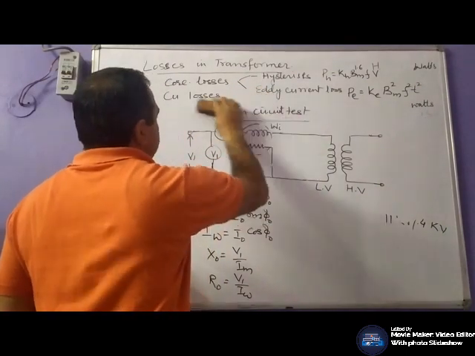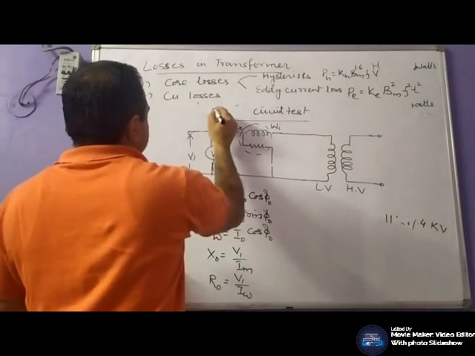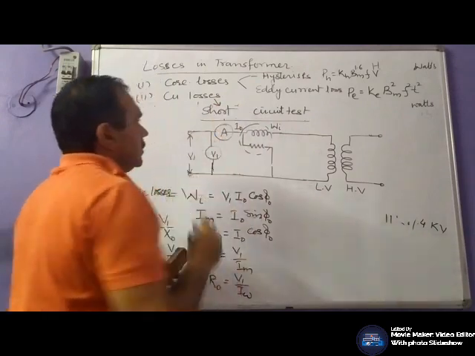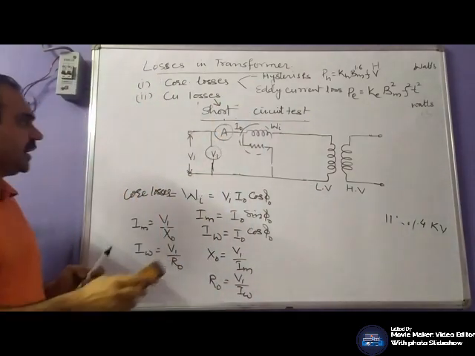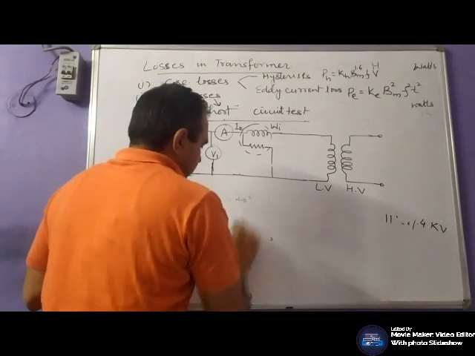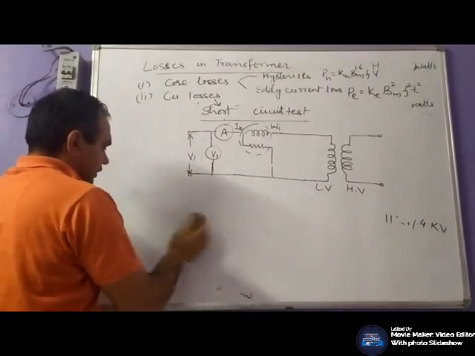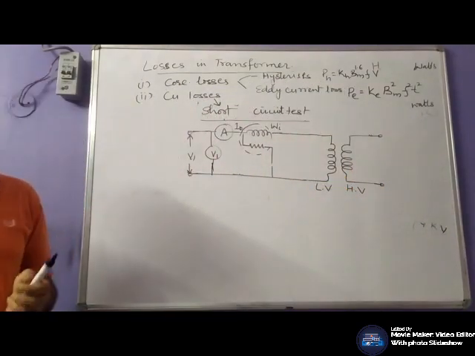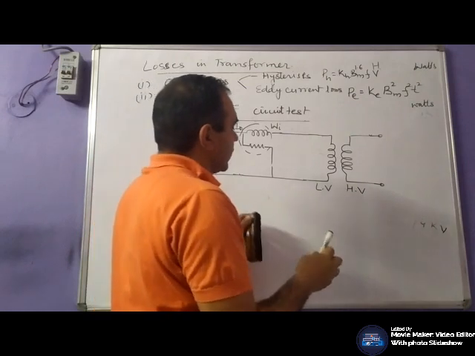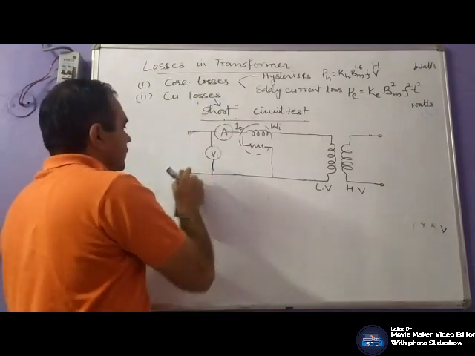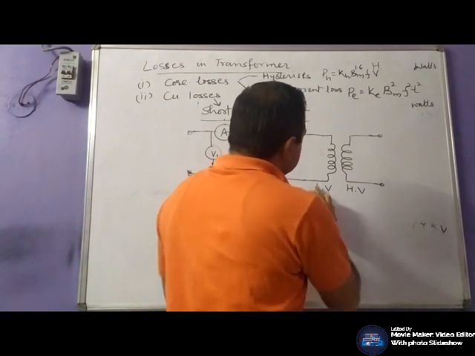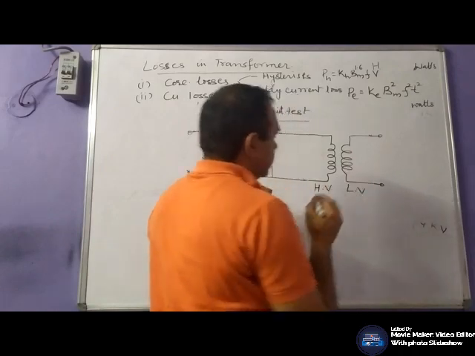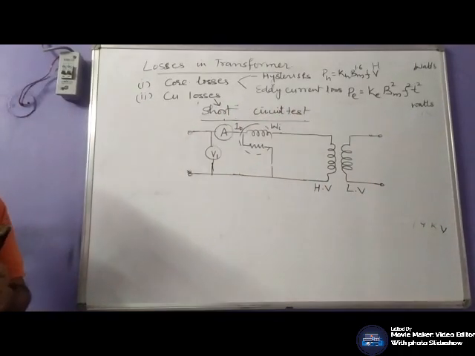This short circuit test is used to find out the copper losses of the transformer and to find out the parameters of your transformer. The difference is that this test is performed at the high voltage side at rated current.